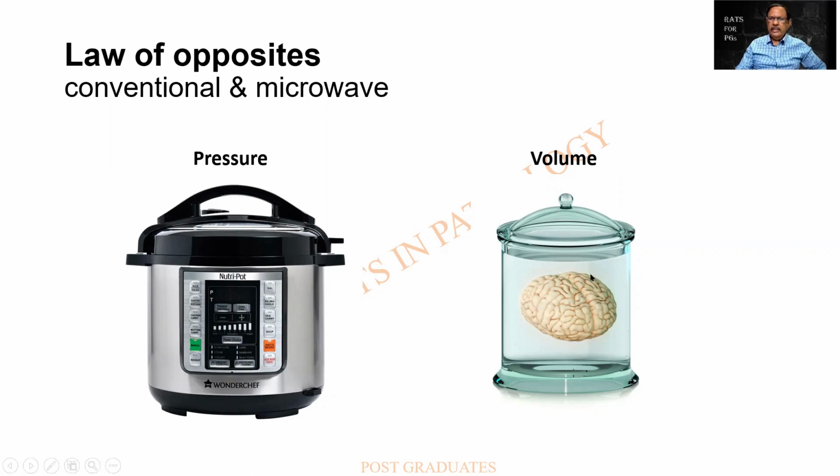And this is the suspension of a brain in a brain jar, and the fixation depends upon the volume of the fixative. These are the conventional methods. Fortunately or unfortunately, these are not the basic applications in microwave.